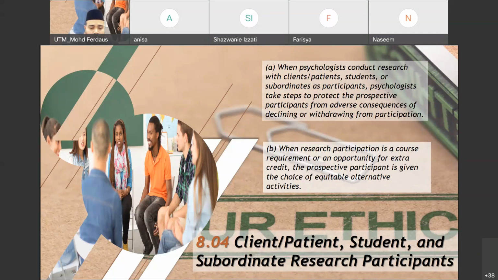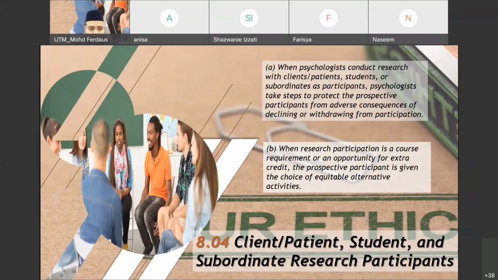So there are two standards involved, 8.04. When psychologists conduct research with clients or patients or students or subordinates as participants, psychologists take steps to protect the prospective participants from adverse consequences of declining or withdrawing from participation.